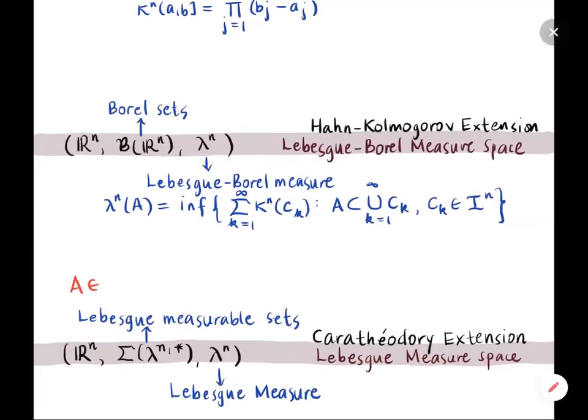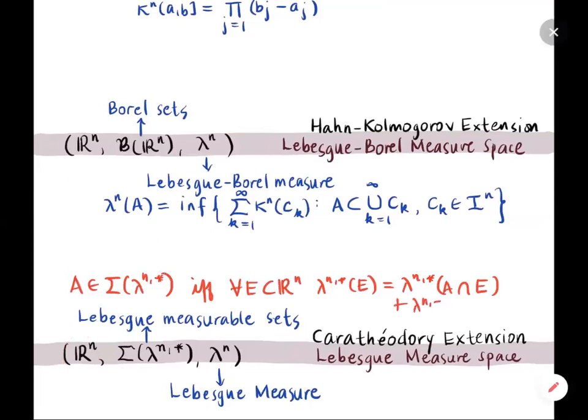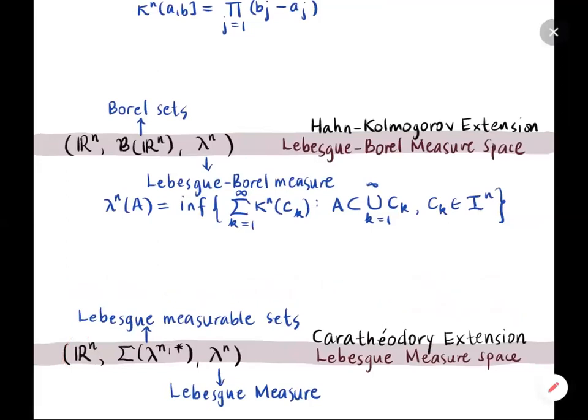And recall that a subset A of Rn is Lebesgue measurable with respect to the Lebesgue outer measure if and only if, for any subset E of Rn, the outer measure of E must be the sum of the outer measure of the elements in E that are in A plus the outer measure of the set consisting of elements in E that are not in A. So this is measurability in the Carathéodory sense.